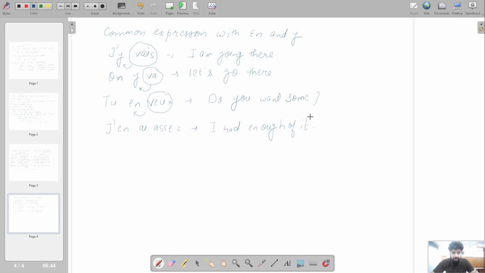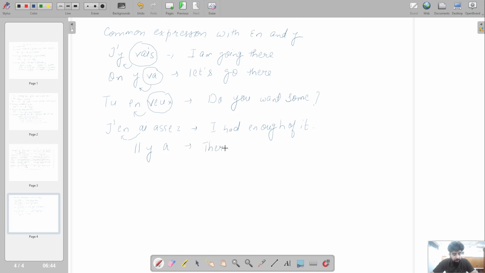I am not specifying what quantity. So when I'm not specifying the quantity, I again use en. I had enough of it, so I'm using en, and it is coming before the verb.